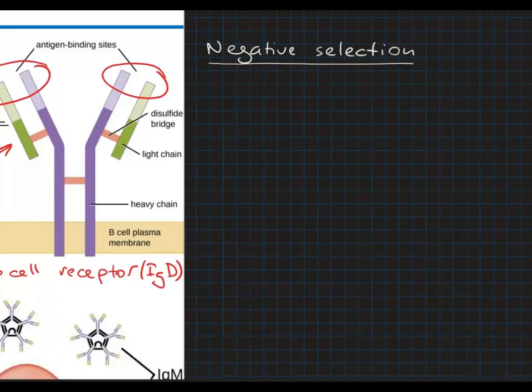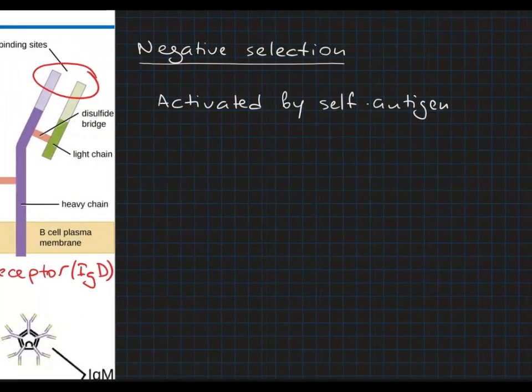So I usually say that the B cells are asked a question. If they are activated by self-antigens, that happens during maturation.